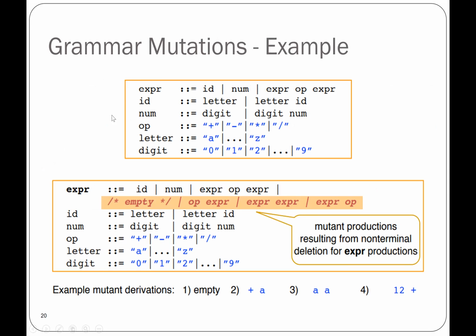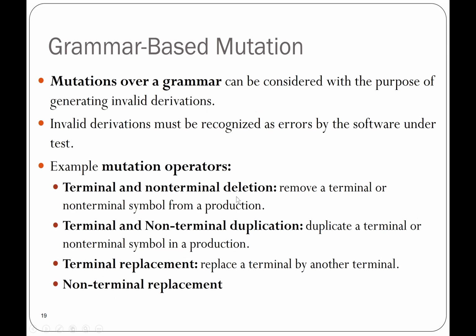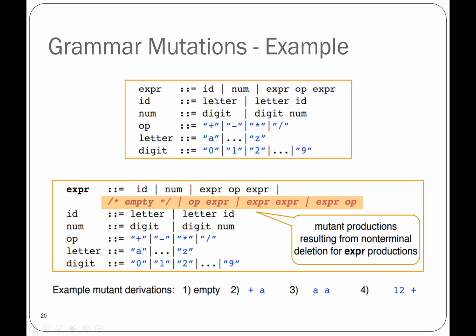This is my original grammar. And I'm going to apply mutation deletion by deleting terminals and non-terminals. Okay. So I'm going to take this line over here, where it says expression: ID, num, expression operator expression. All right. One way I can do it is I can delete the whole thing, or I can take this one over here and then just delete the first one.